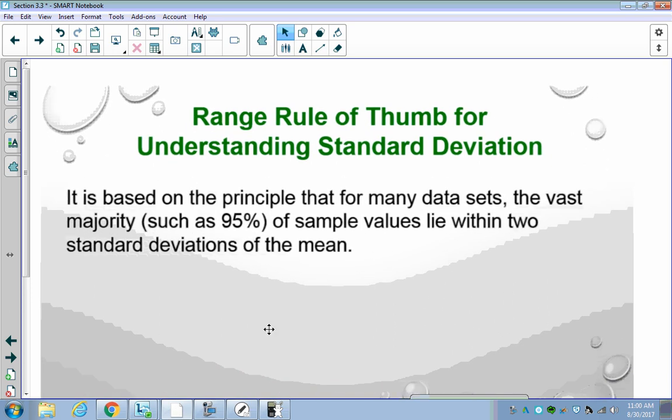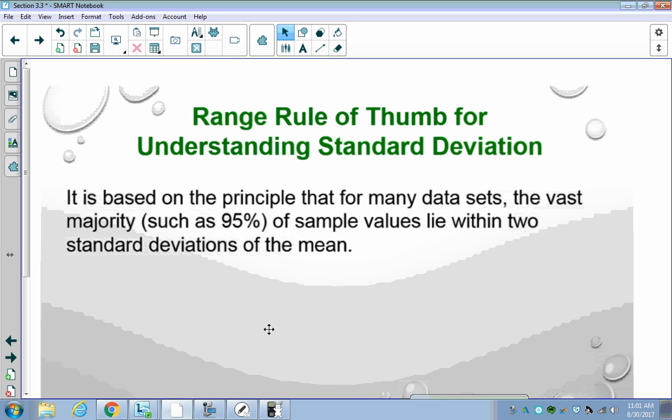So here we are, the range rule of thumb is that when we're looking at population, if my sample is small, it doesn't necessarily happen because as we saw earlier when we rolled the dice, a small sample doesn't give us a nice curve, does it?